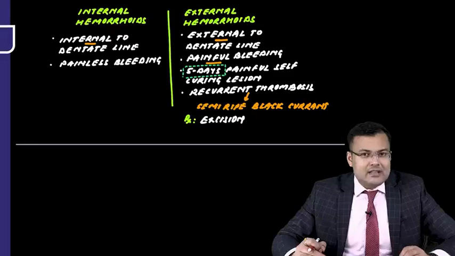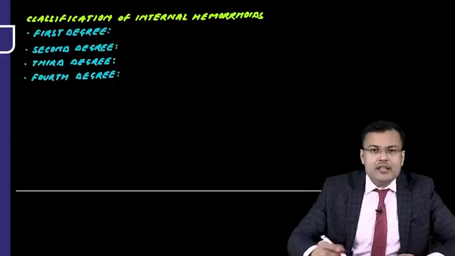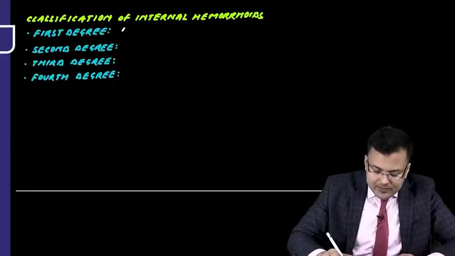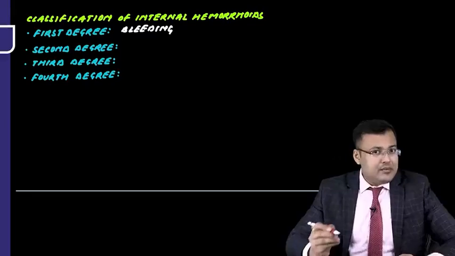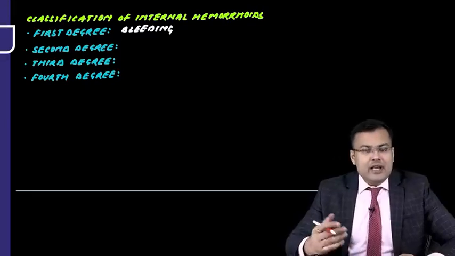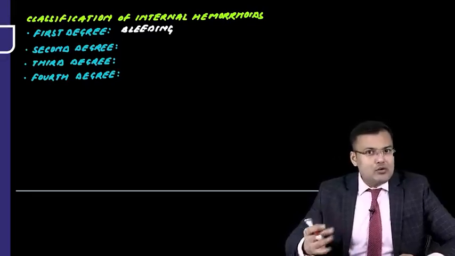So have a look at the classification of internal hemorrhoid. In the first degree, there is bleeding only. In the second degree, there is bleeding plus prolapse during defecation, and after defecation, the prolapsed part goes inside.